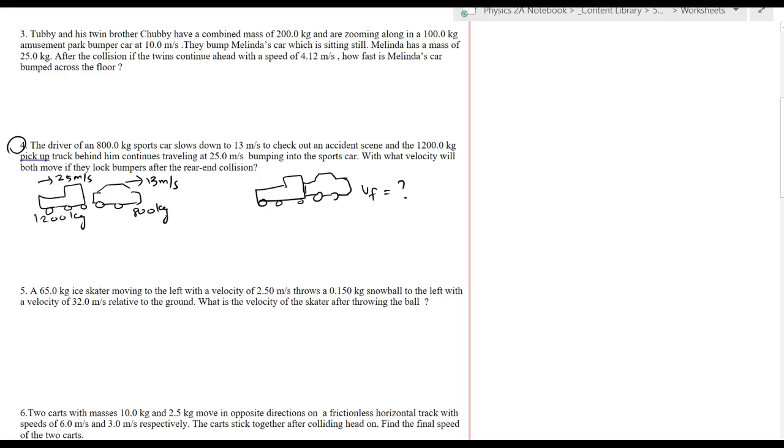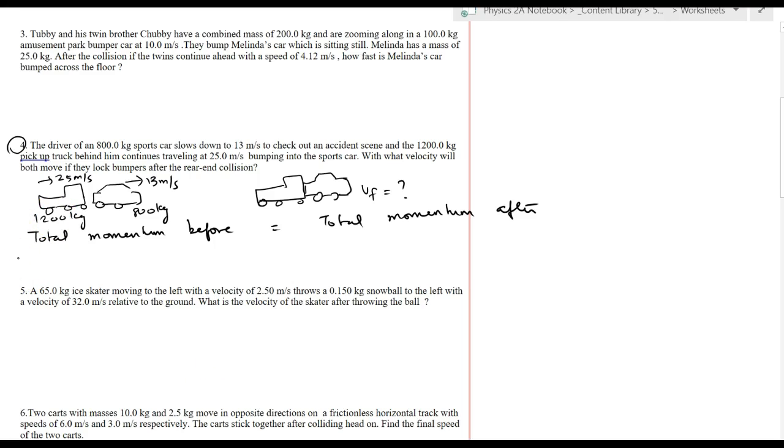And so we can set up the equation as total momentum before impact equals total momentum after impact. So we know momentum is mass times velocity.